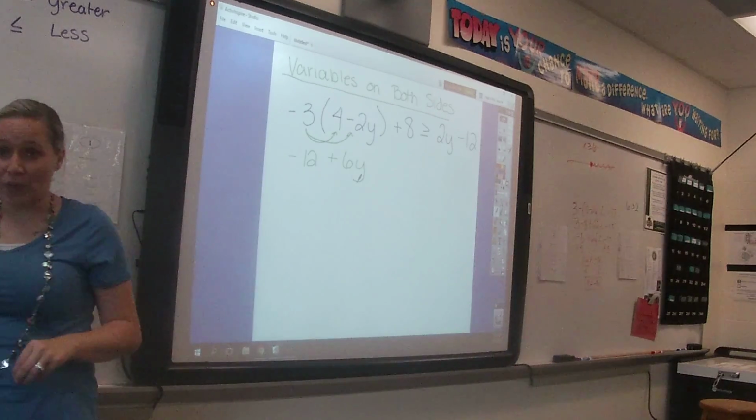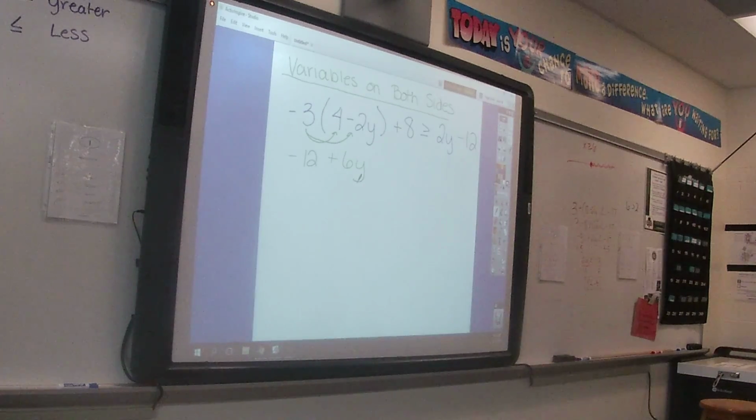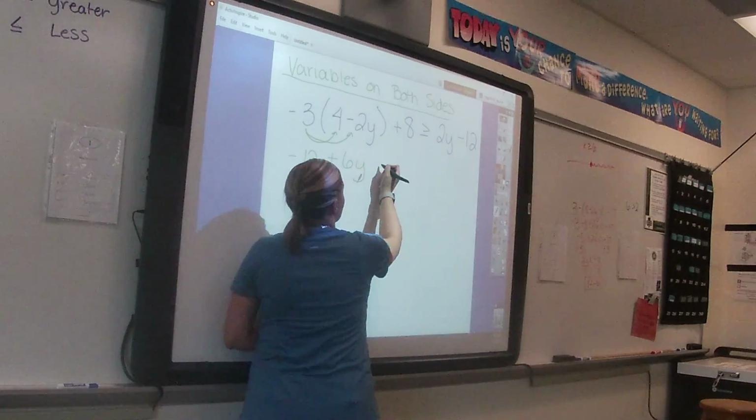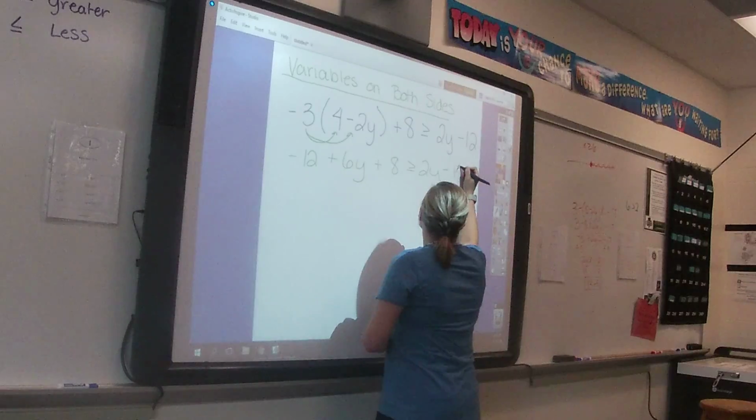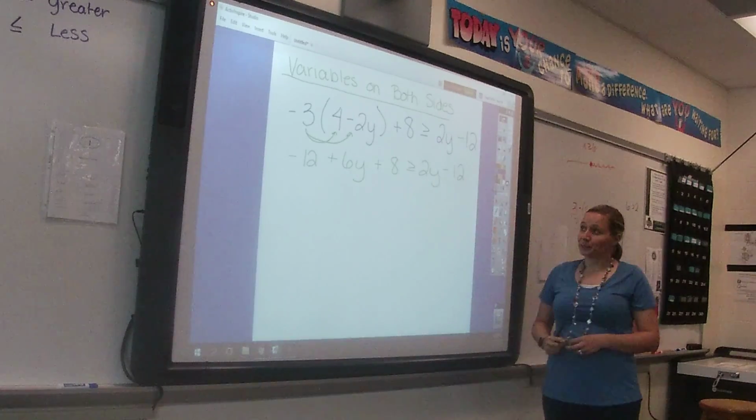Does that help without having that double sign? I mean, that's how we presented it before, but are we okay with that? Everything else is just falling straight down. No other parentheses, so we just have a +8 greater than or equal to 2y minus 12.